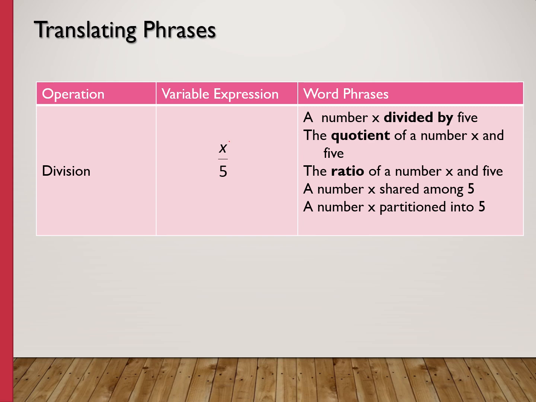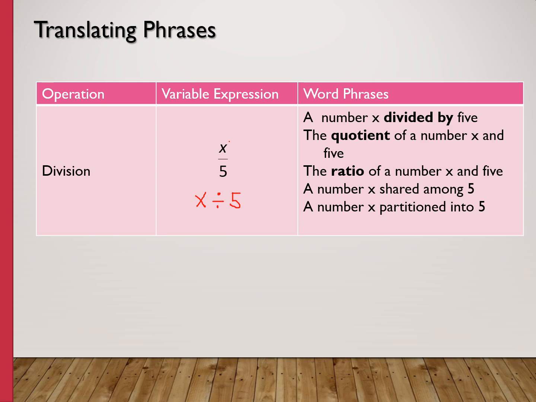So, yung x over 5 ay pwede ding ganito, x divided by 5. Pwede natin siyang isulat na x divided by 5 or pwedeng fraction form na x over 5.